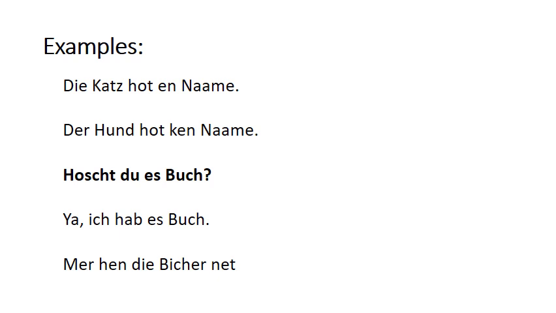Hast du es Buch? Really literally that means, have you the book? You don't need that little helping verb do. You just put the verb at the front. Hast du es Buch? Do you have the book? Ja, ich hab's Buch. Yes, I have the book.